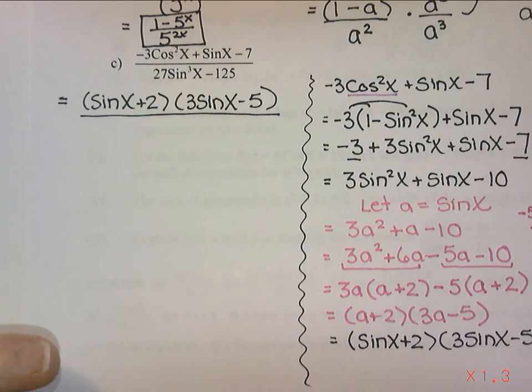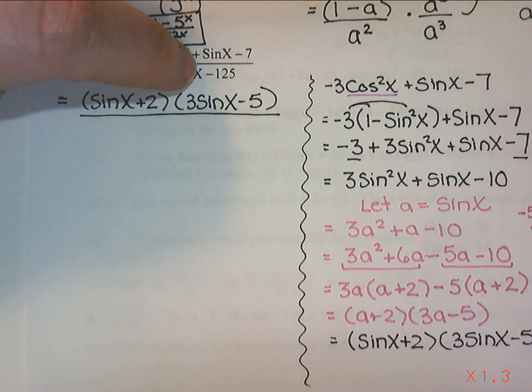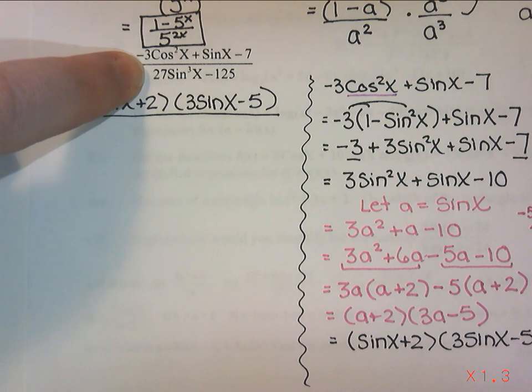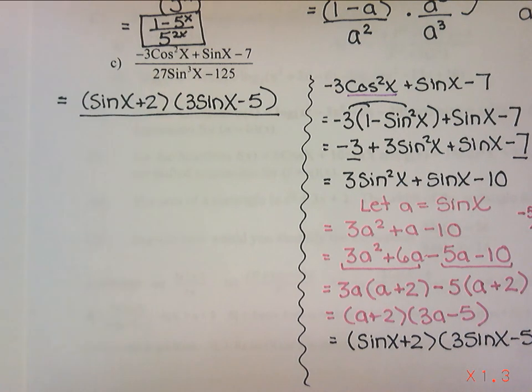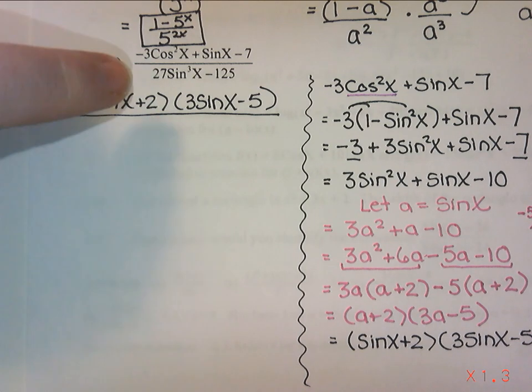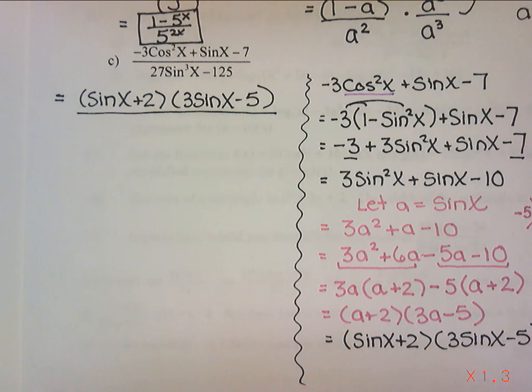Okay, in the denominator, I have a 27 sine cubed x minus 125. Okay, I have a choice. I can either take out the sine x and put in an a and factor that off to the side, or I could just try to do it as is. So if you want to do it as is, that's fantastic. I think I'm going to try the variable replacement off to the side.